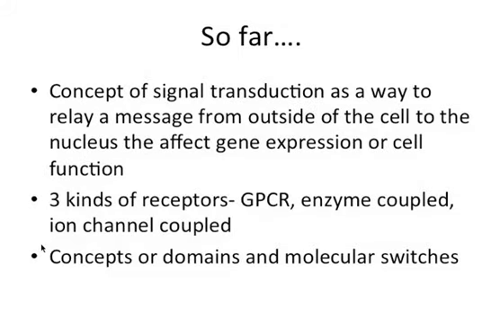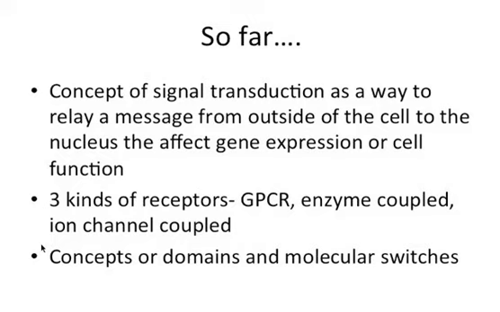Okay, so far we've been talking about signal transduction and the major concept, which I'm really trying to drive home, which is that it's just a way to relay a message from outside the cell to the nucleus to affect gene expression or to affect cell function in some kind of way. Big picture. So when you start to get bogged down with this protein binds to this protein, always take a step back.